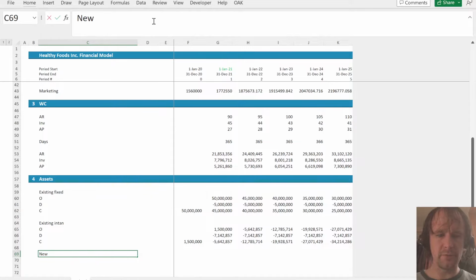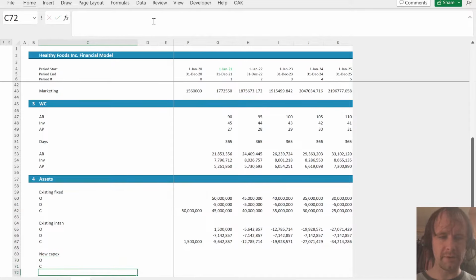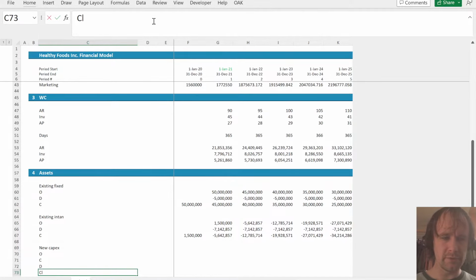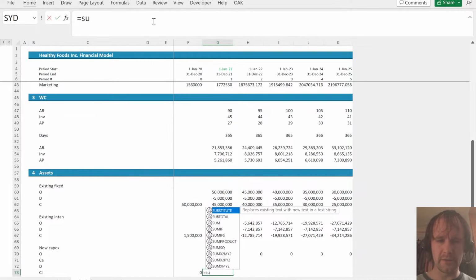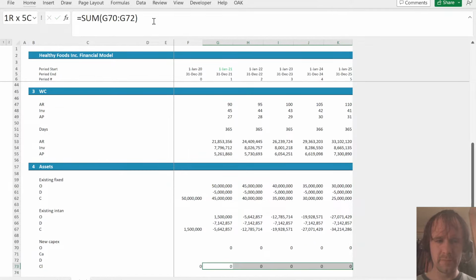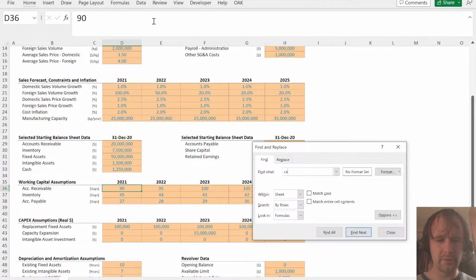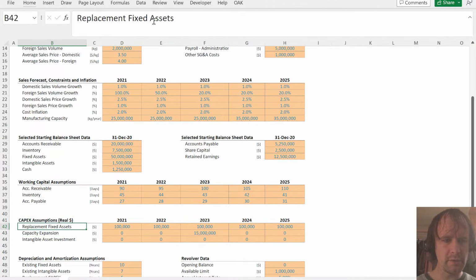Okay, so new CapEx. So opening, CapEx, depreciation, closing. CapEx. Okay. So obviously closing in 20 is 0 because new refers to new after that. And this is just the sum of those. So then CapEx here, good.